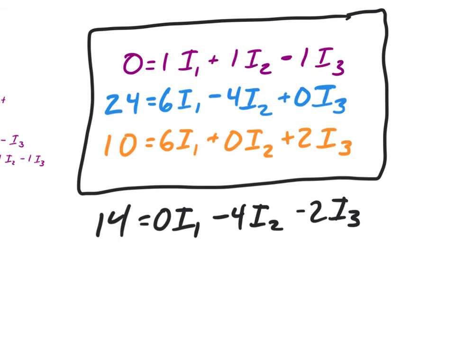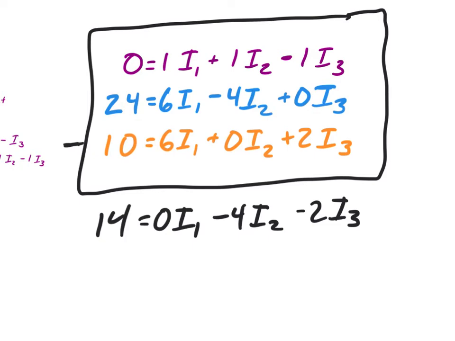In fact, I get this exact equation if I take the blue equation and subtract the orange equation. 24 minus 10 is 14. 6 minus 6 is 0. Negative 4 minus 0 is still negative 4. And 0 minus 2 is negative 2.